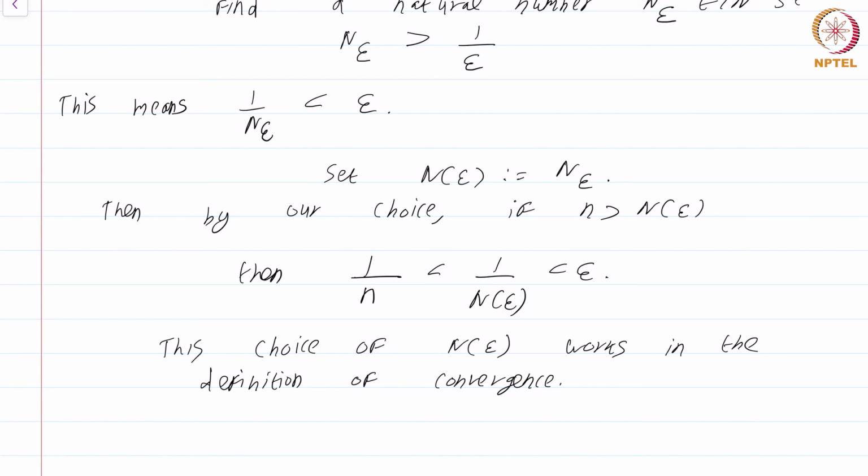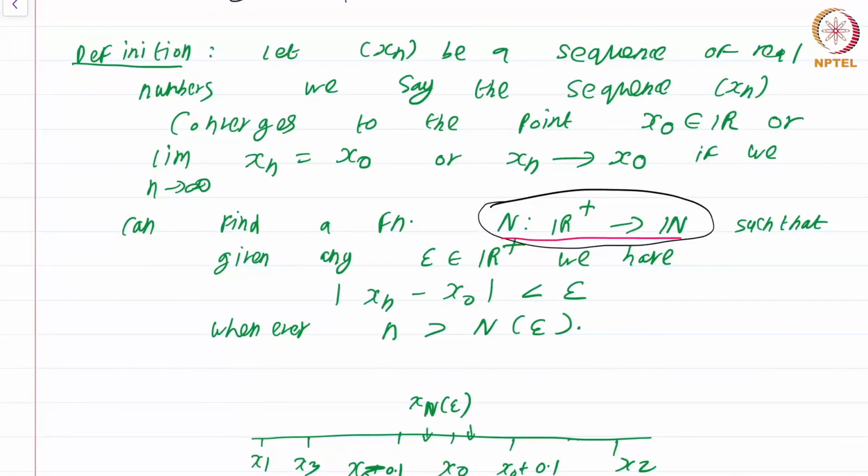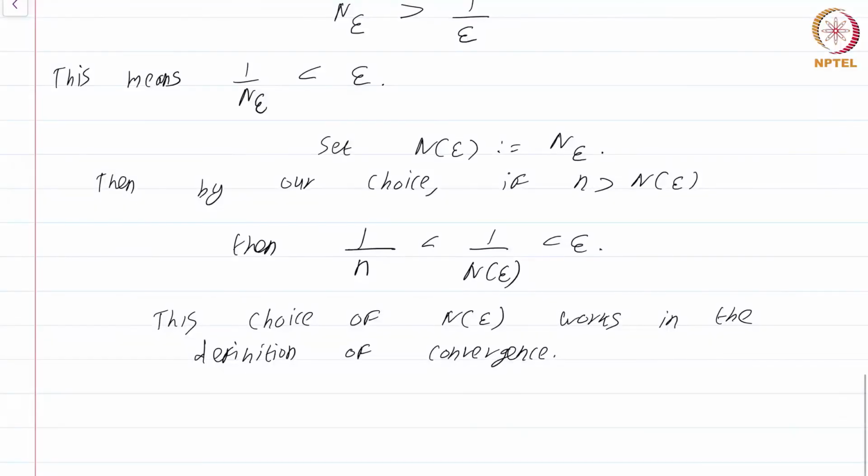Both definitions are identical, and if you understand this particular proof, it should be clear to you why both definitions, the standard textbook definition and the definition in terms of the function capital N from R plus to N, are exactly the same. They are just the same thing in a different disguise. Okay. So this is a very simple example. After a deep dive of both definitions, we will proceed and give many more examples. This is a course on real analysis, and you have just watched a module on the definition of convergence.